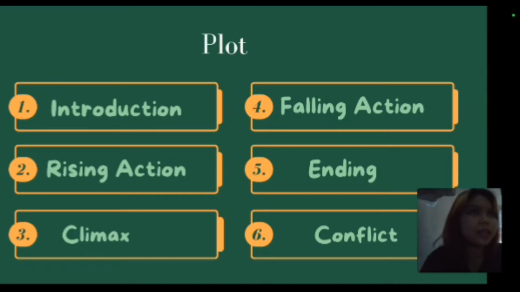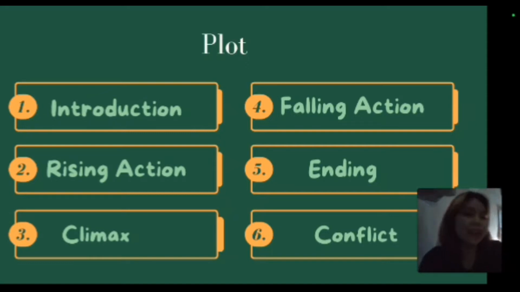What happened in the literary work that we are analyzing that made the falling action happen, and how did the story end? That is how we analyze the plot.